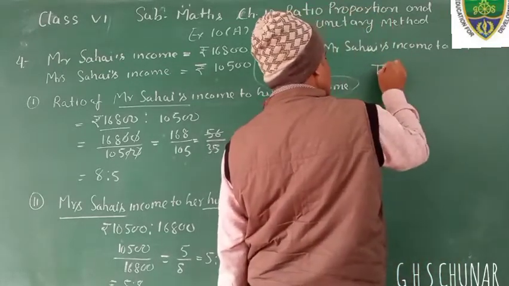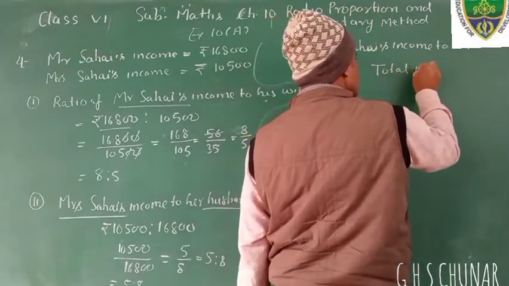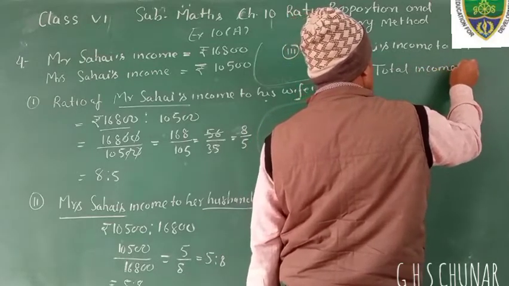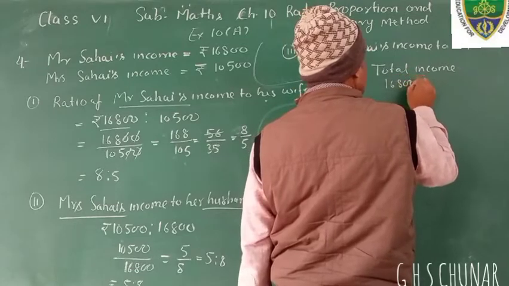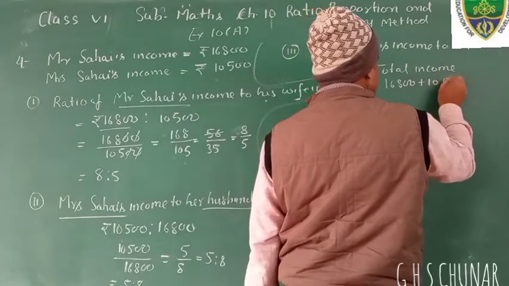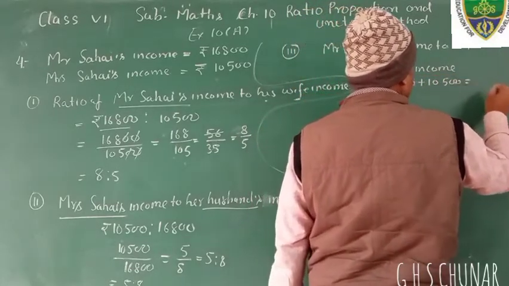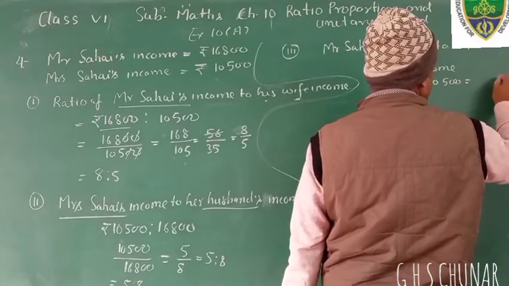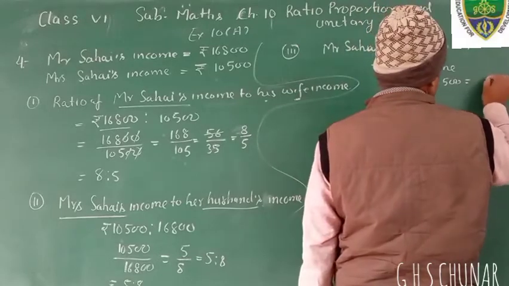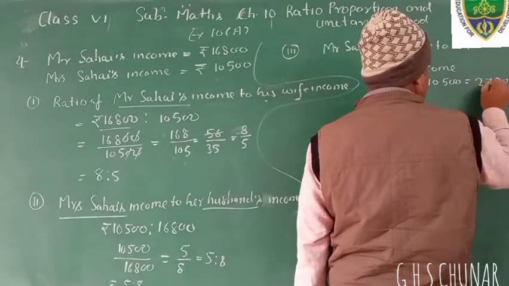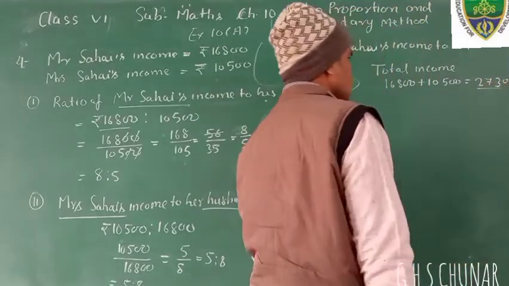Here total income is equal to 16,800 plus 10,500, that will be equal to 27,300.